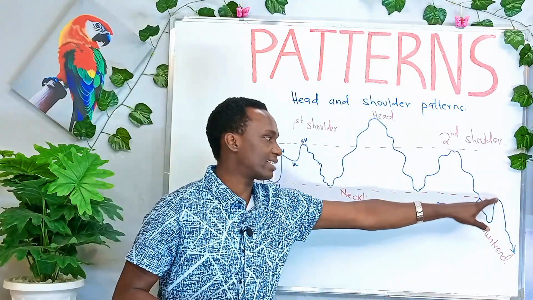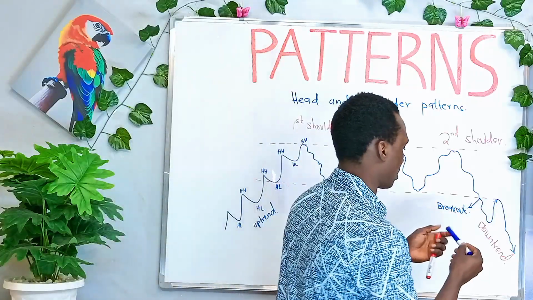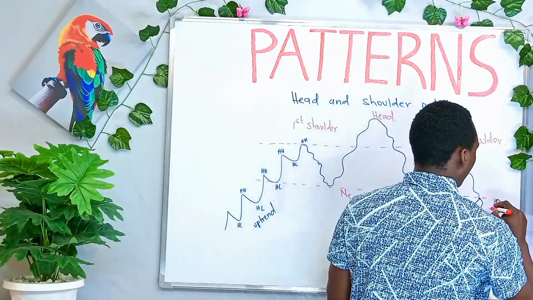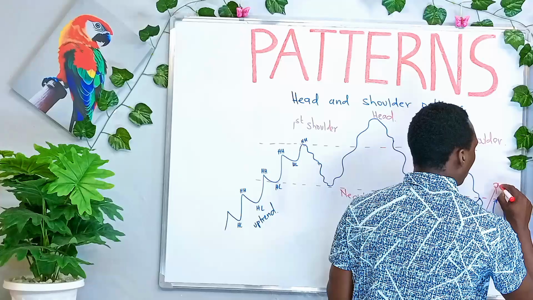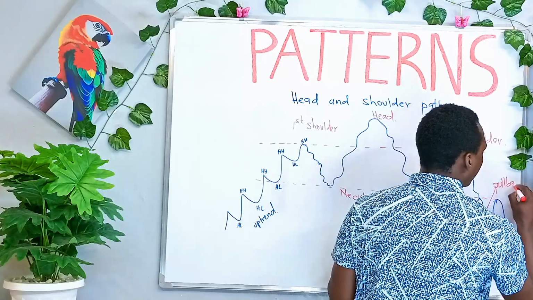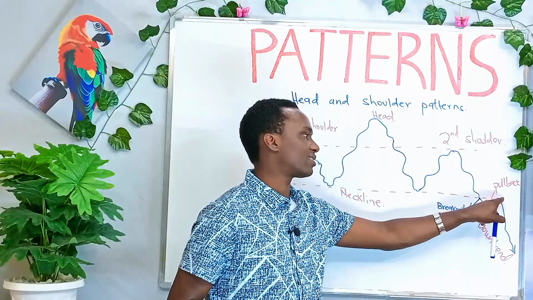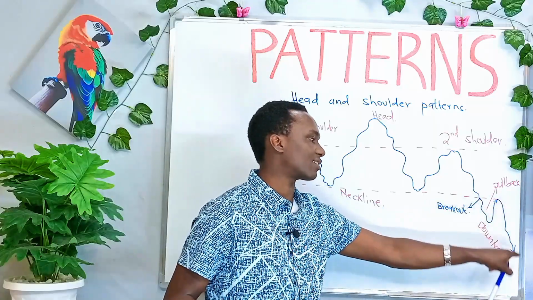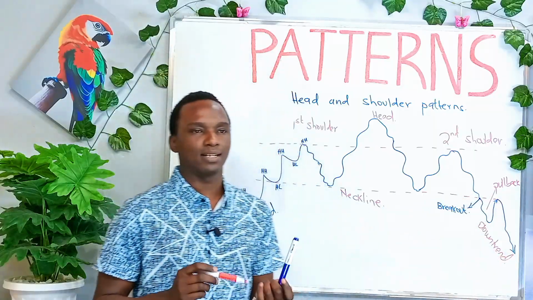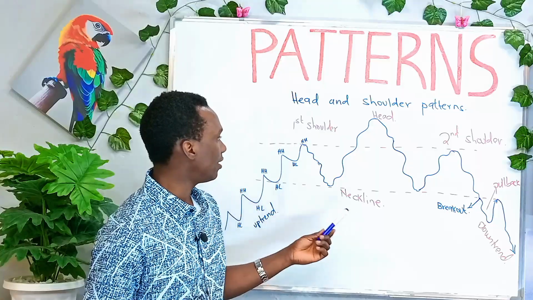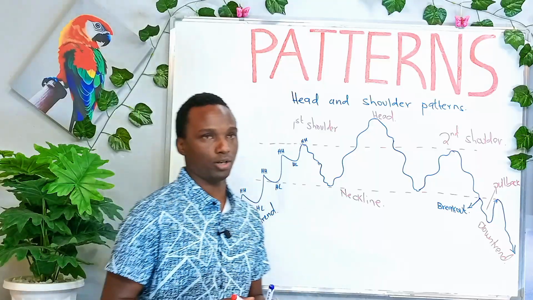So this one is just a temporary pullback after the breakout. It retests this area, which now becomes the resistance, and the price will go lower and lower and lower.